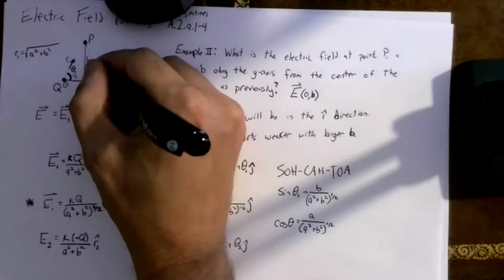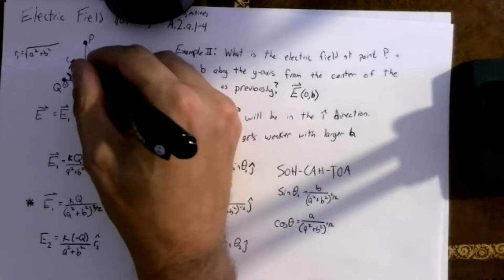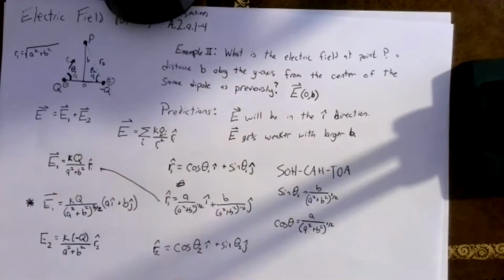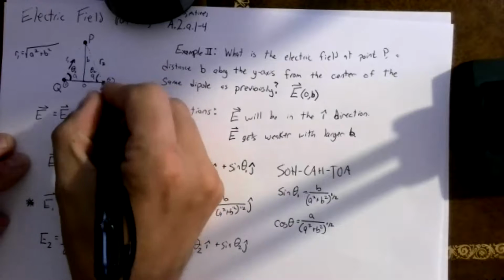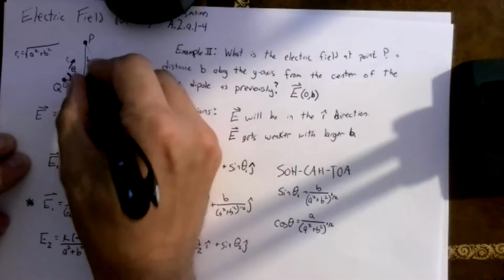And you might think, and you wouldn't be that wrong, that these are the same angle, theta 1 and theta 2. But not according to the way we define things. What should theta 2 really be? It should be the angle minus 180, because we always want our angle to be the angle that the vector makes with the positive x-axis.